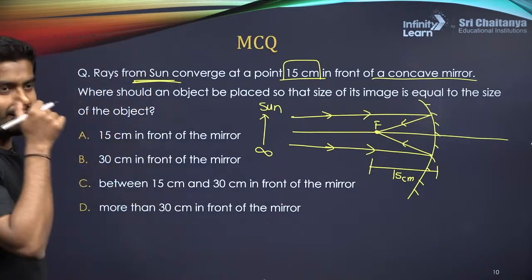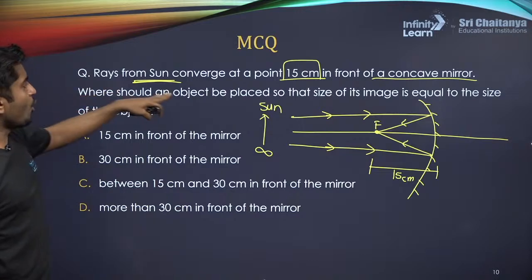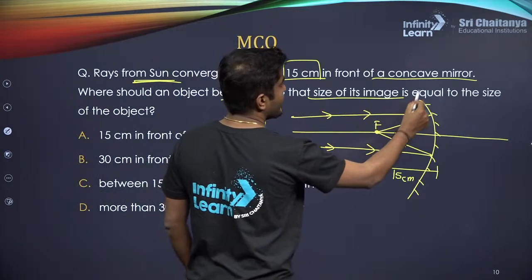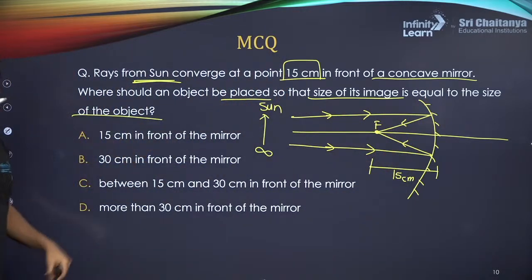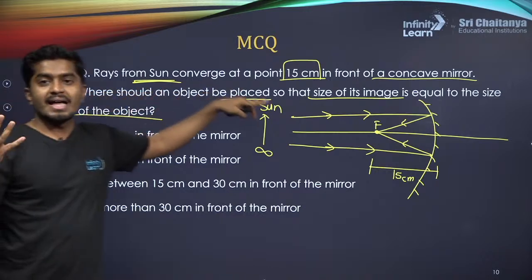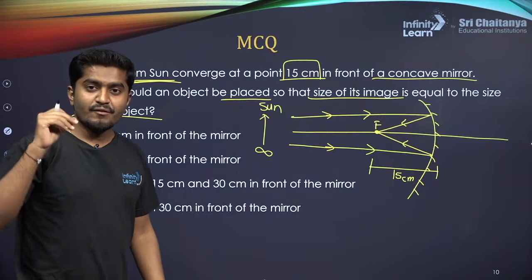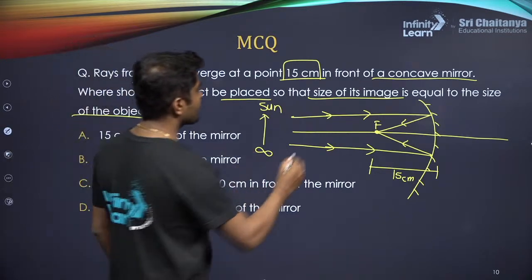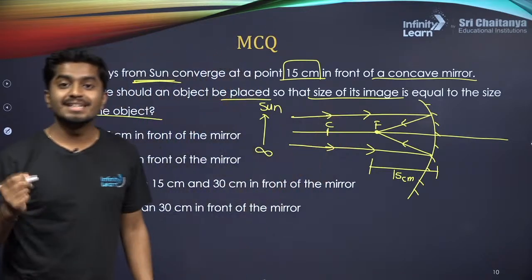Now, where should the object be placed so that the size of the image is equal to the size of the object? When do we get the size of the image same as the size of the object? When you place the object at the center of curvature.